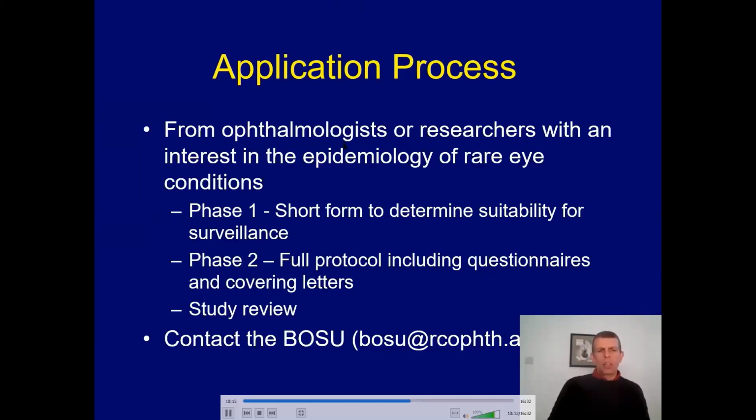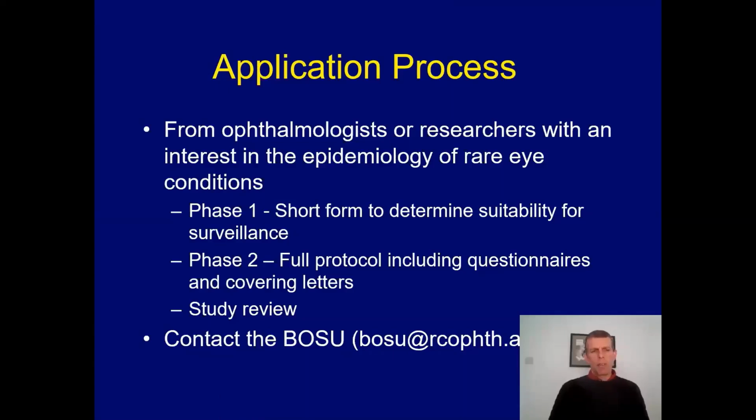This application is then reviewed by the BOSU committee, and if the topic is considered suitable for surveillance, we invite a phase 2, which is the full proposal including data collection questionnaires. This is reviewed by the BOSU committee, and when ready, research approvals for ethics and information governance can then be obtained and the study can progress.